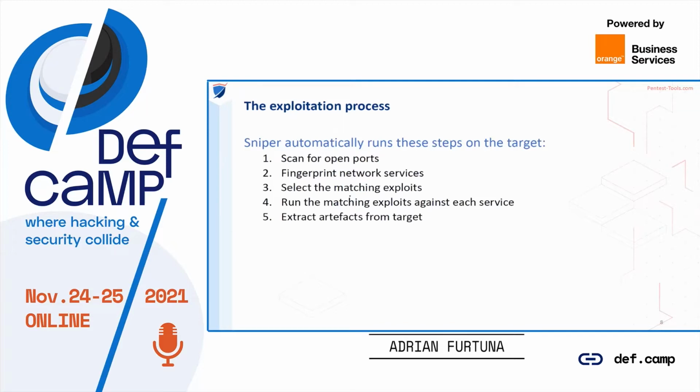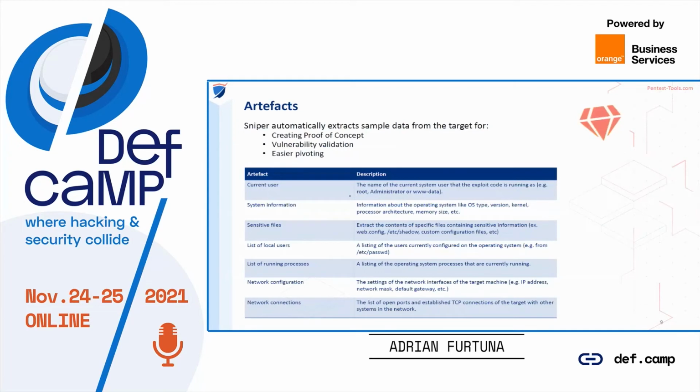And what are these artifacts? These artifacts are the data that is extracted from the target. And here are some categories. Sniper extracts the current user to see under which account the exploit is running. The system information to get information about the operating system and the environment.